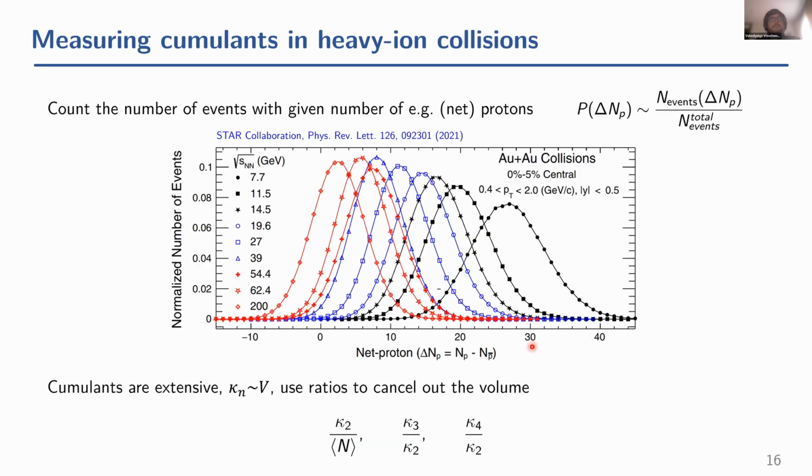Now, this is how the distributions of proton number, this proxy for baryon number, which should exhibit critical behavior near the critical point, look in a real experiment. I took it just from the STAR collaboration paper on net proton cumulants. At first glance, these distributions look fairly innocent.